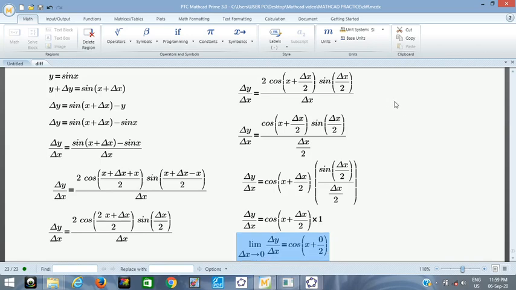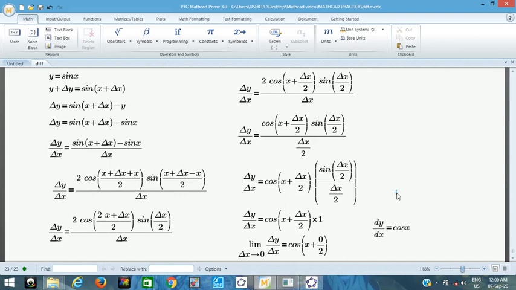So finally, dy/dx will be equal to, when delta x is 0, you're left with cos x. dy/dx equals cos x. So that is how you differentiate sin x using first principle.